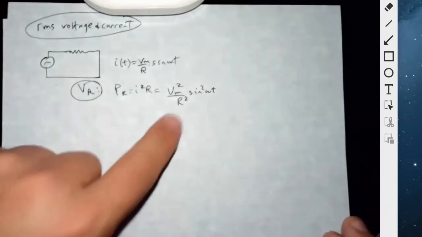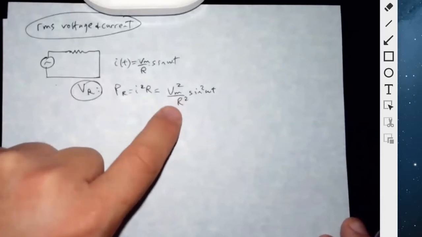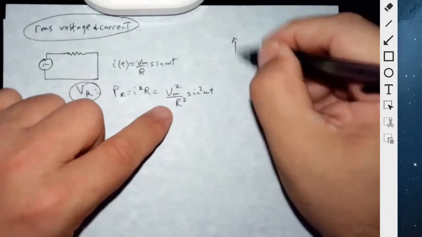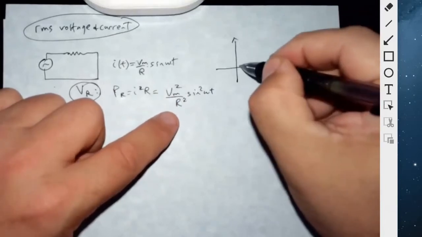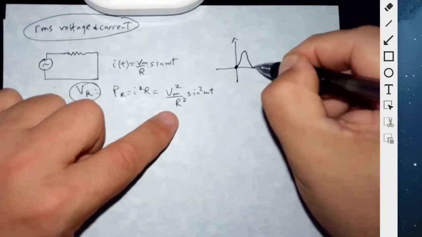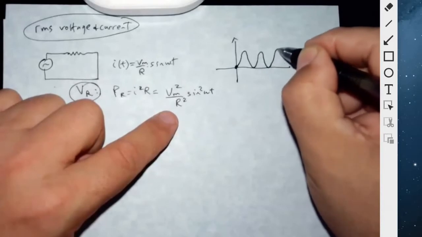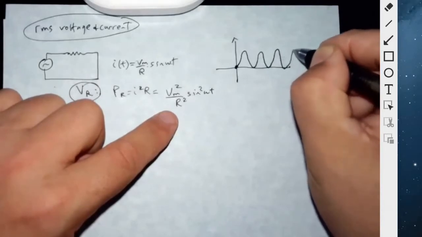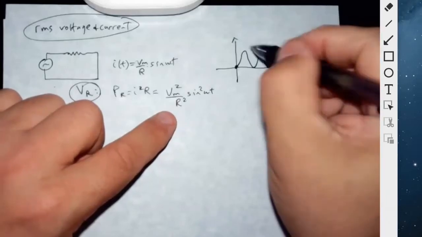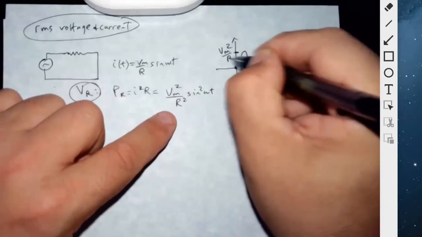Now if I want to find the average power, in other words, the power as a function of time, the instantaneous power is going to look like this. So it's always positive. You see, so then the maximum value of it is Vm squared over R.